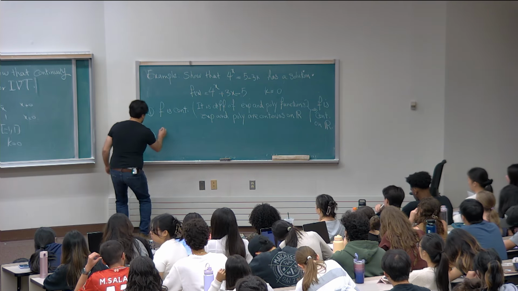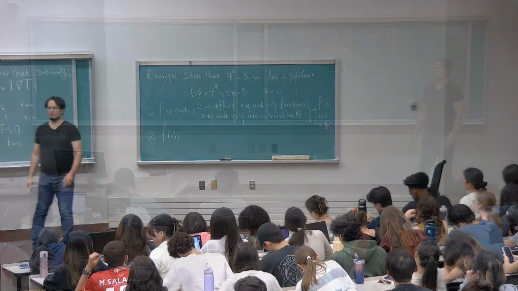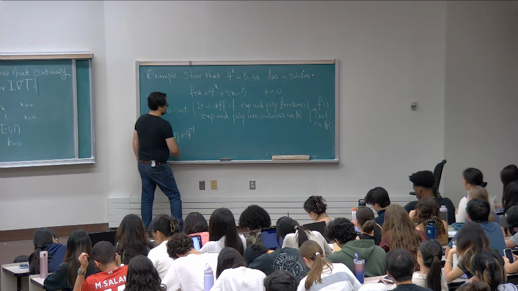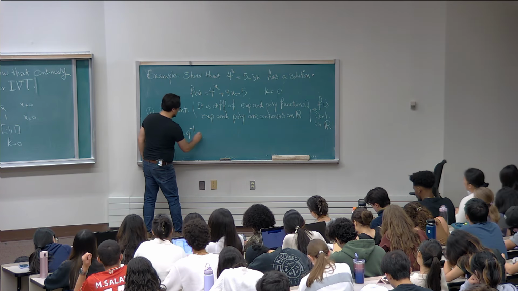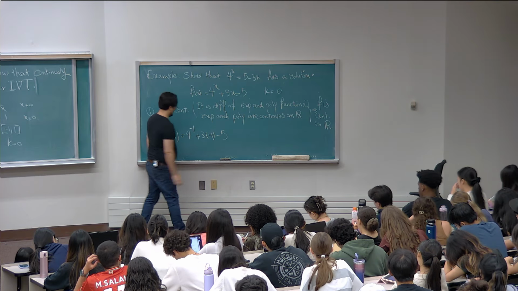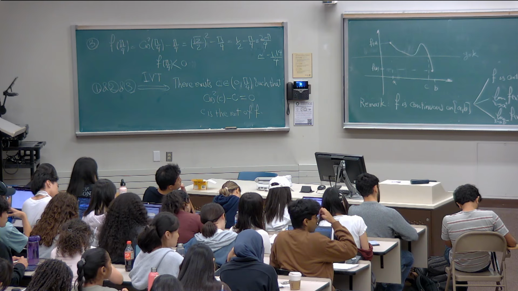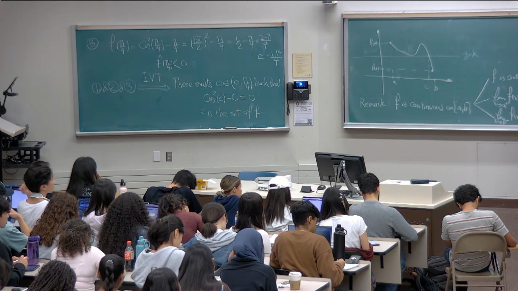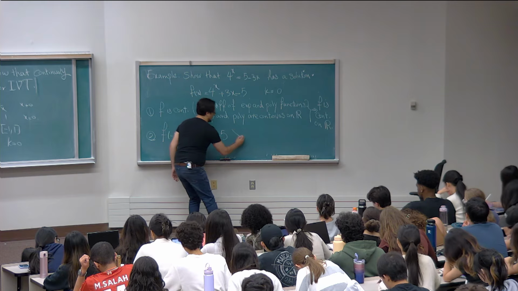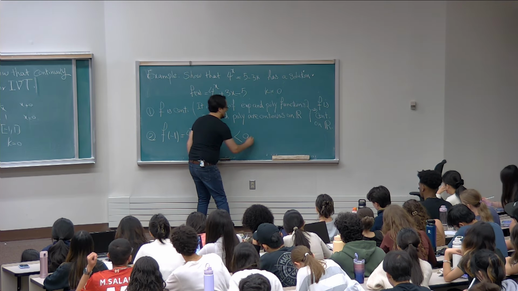Say at -1, are you OK with -1? I plug in here. This is 4 to the power -1 plus 3 times -1 minus 5. Well, this is 1 over 4. This is -8. -8 plus 0.25. It's a negative number.